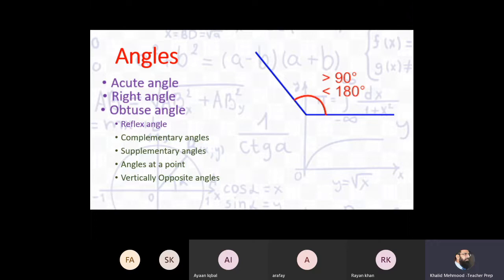So if the angle is less than 180 degrees, like 179, it is less than 180.